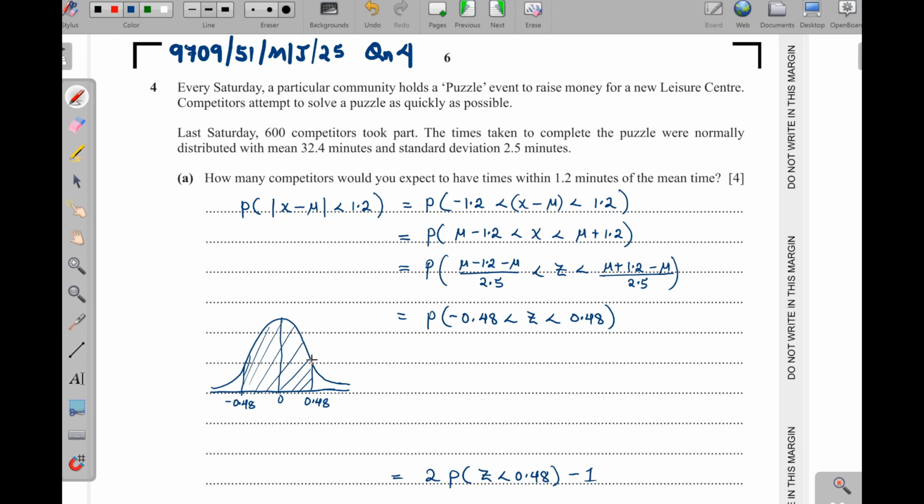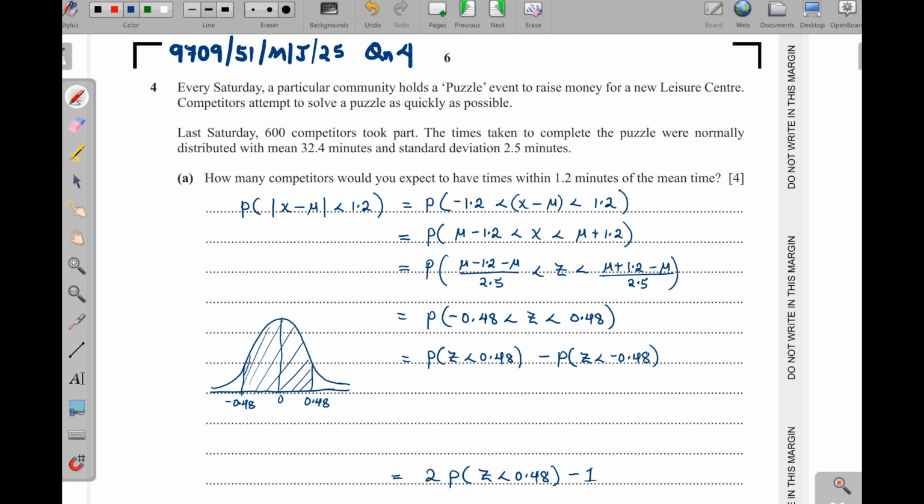Now, for me to get what is inside here, I'll get the whole of this less than 0.48, then minus less than the negative. So it will be probability of z less than 0.48, then minus probability of z less than negative 0.48.